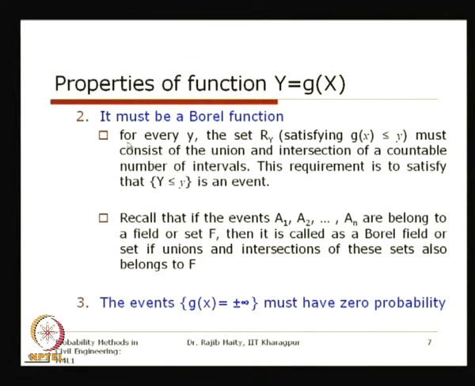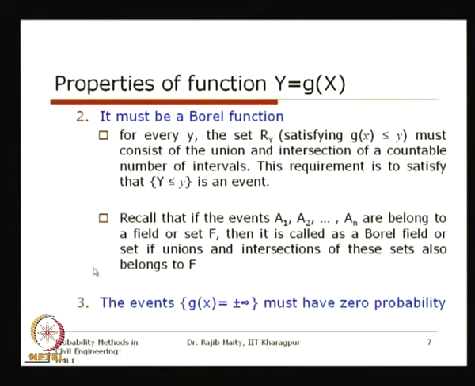This states that for every y, the set Ry satisfying g(x) less than or equal to y must consist of the union and intersection of a countable number of intervals. This requirement is to satisfy that y less than or equal to y is an event.